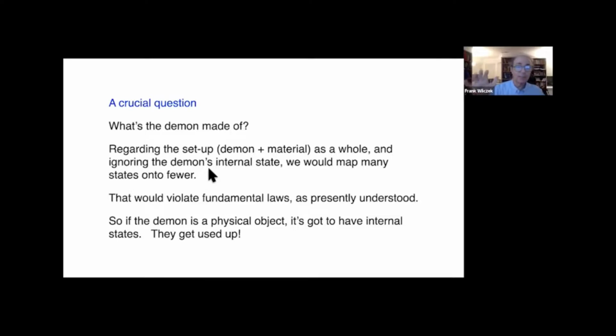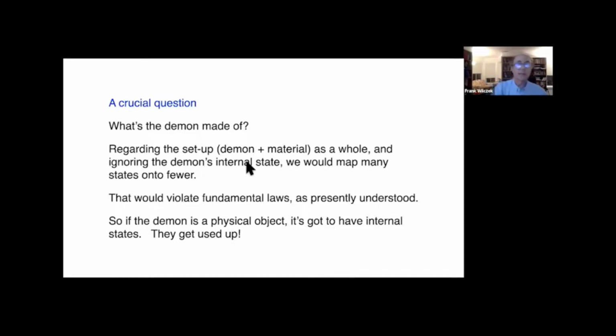We would be, in technical language, compressing phase space, but thinking about it simply, we would just be taking many possible input states and mapping them onto the same output by systematically separating the hot molecules so that they only appeared on the left.